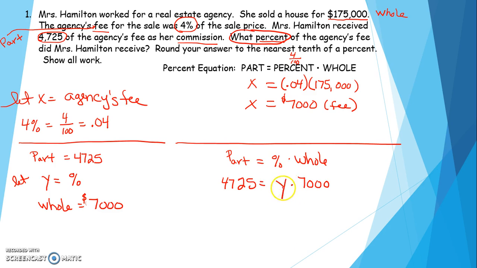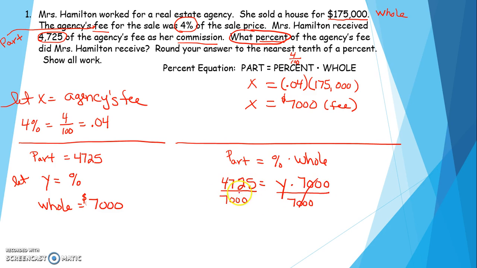From 6th grade you had to solve one-step equations. The operation between the Y and the 7,000 is multiplication. We undo multiplication with division. So if we want to get Y by itself, we're going to divide by 7,000. If I'm going to divide the right-hand side by 7,000, I'm going to divide the left-hand side by 7,000 also.